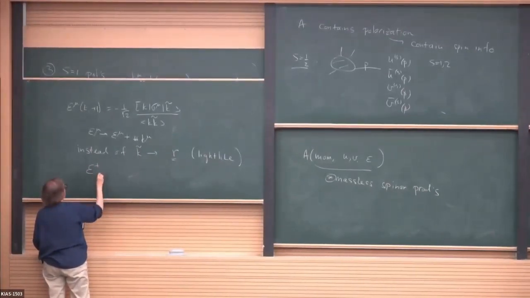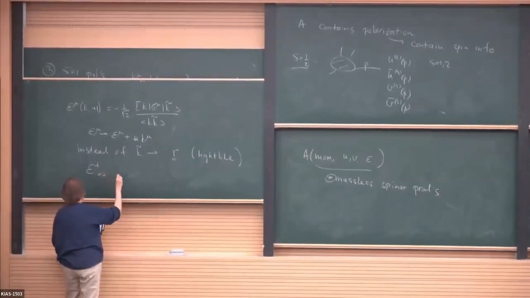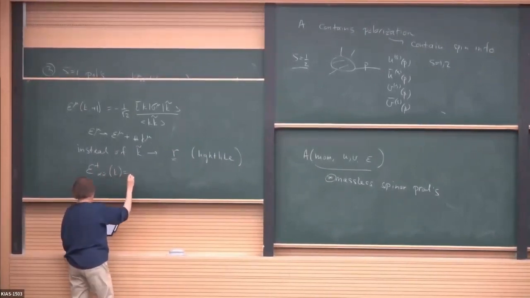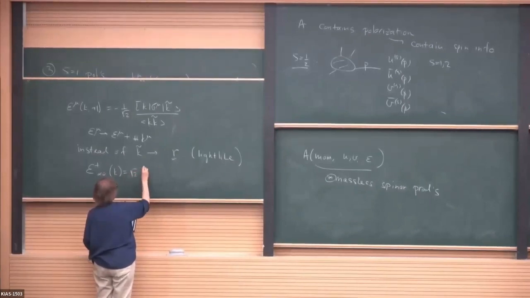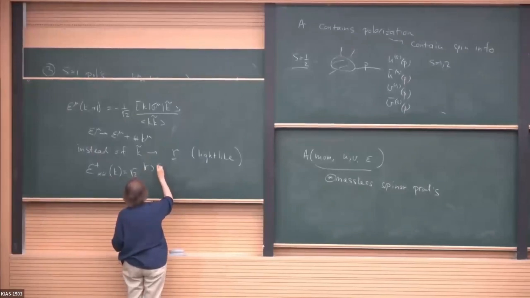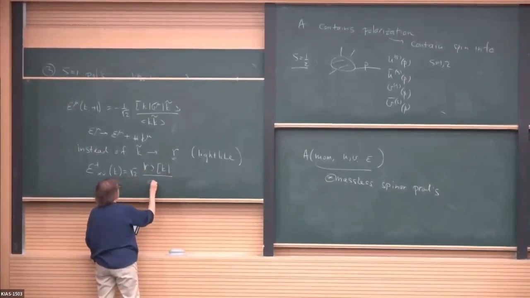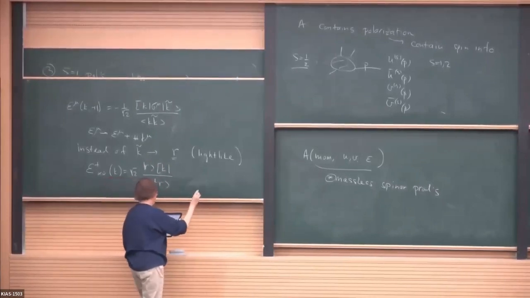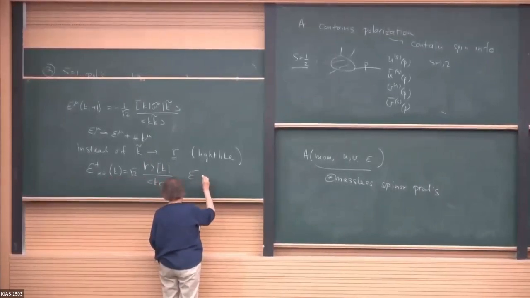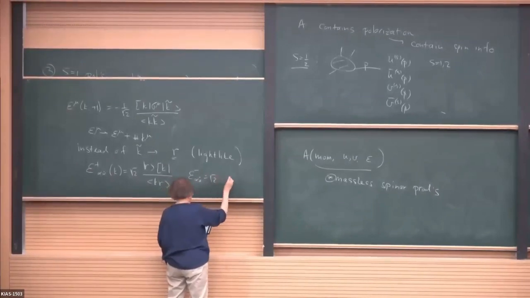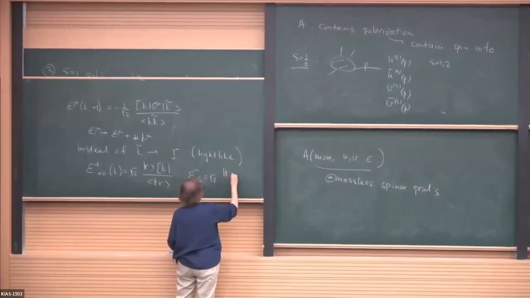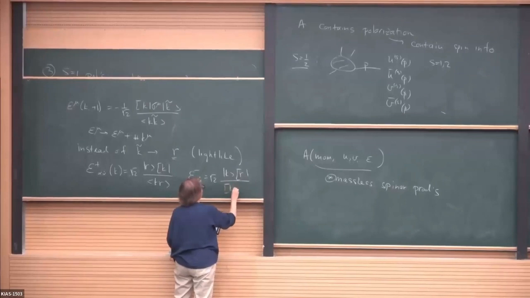So epsilon plus alpha dot of k is going to be equal to square root of 2 r k divided by kr, and epsilon minus alpha dot is equal to square root of 2 k r divided by kr.